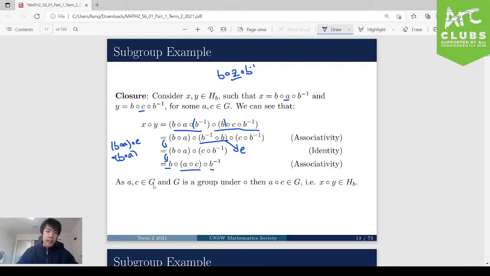And as A and C are already elements within G, and since G we know is a group, then A dot C must also be an element within the group, because G must have closure. And so A dot C must again be something within G, and so we have, just like we wanted, B dot something within G dot B inverse. And so we can claim that X dot Y is closed under the operation dot as well. Okay.